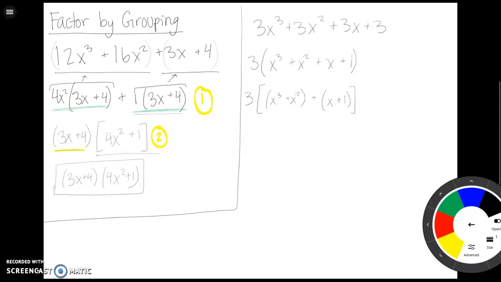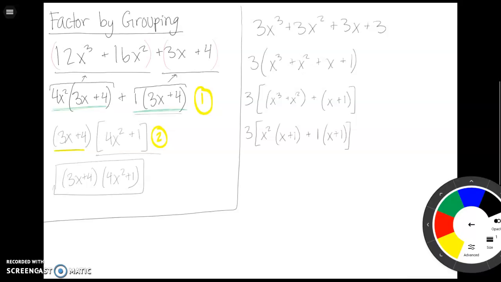Now I'm going to go ahead and factor the greatest common factor out of both of my groups. So the first one, I can factor an x squared out, leaving me with x plus 1 inside. The second one can't be factored anymore. I'm just going to bring a 1 outside because the greatest common factor of x and 1 is 1.